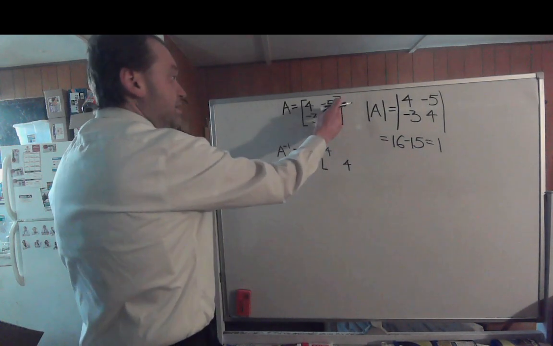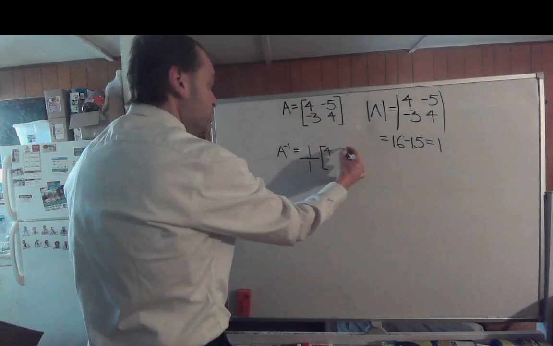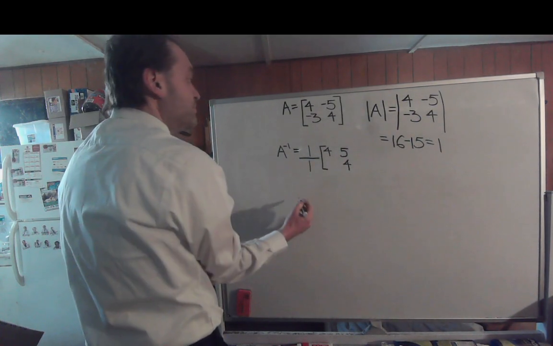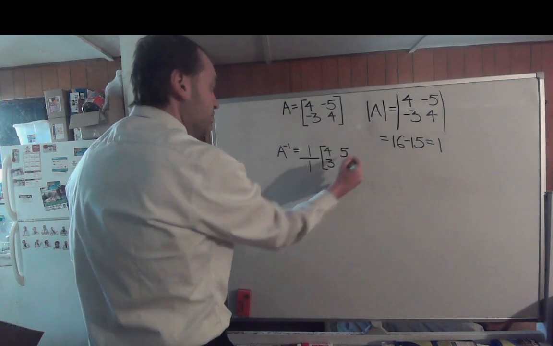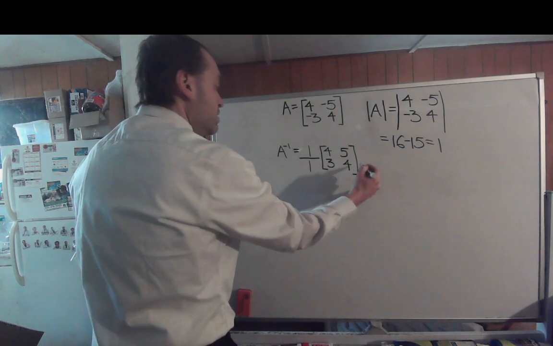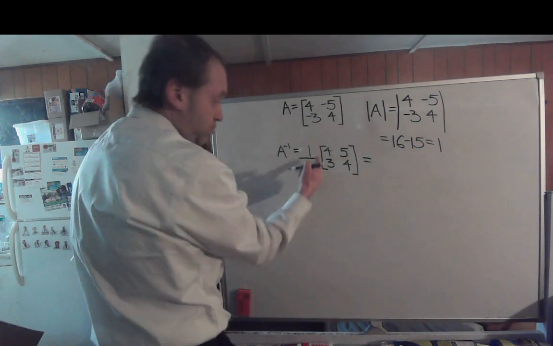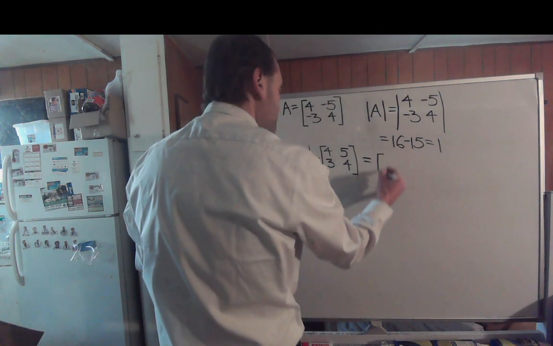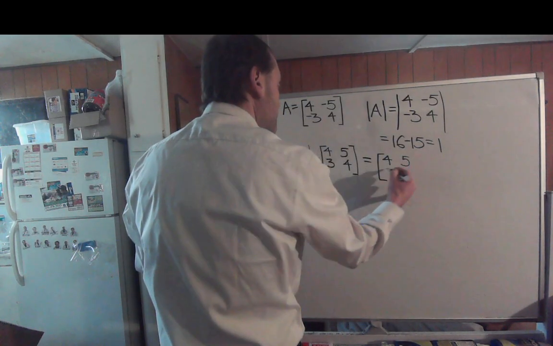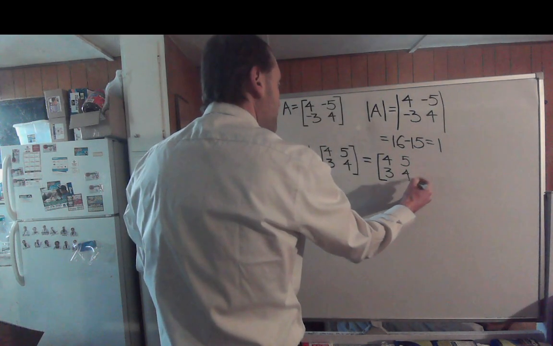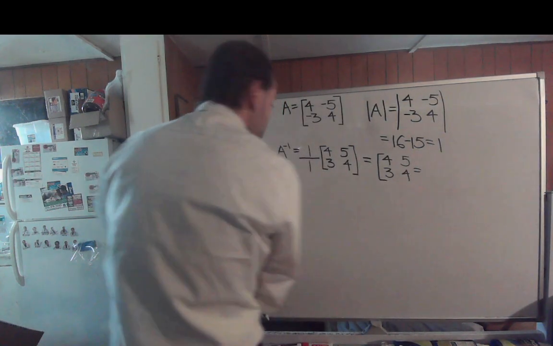But your B of -5, you'll negate that. You'll get +5. Then that C of -3, you'll negate that. You'll get +3. Which means that A inverse, then 1 over 1 is 1. You'll just get the matrix 4, 5, 3, and 4.